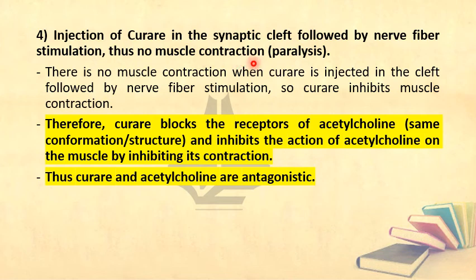Acetylcholine causes muscle contraction, but curare prevents muscular contraction. How does this take place? Since curare blocks the receptors of acetylcholine because it has the same conformation or structure, by this it inhibits the action of acetylcholine on the muscle by inhibiting its contraction.